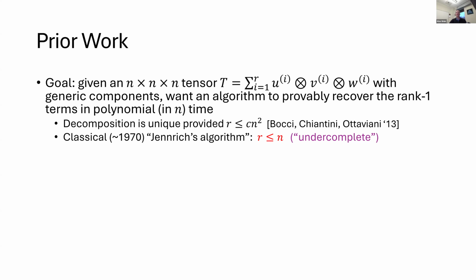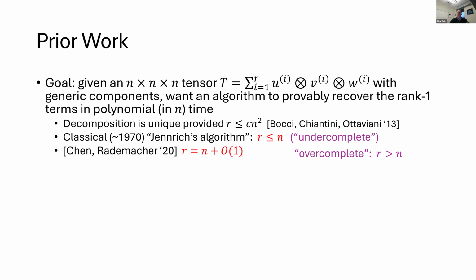When it comes to algorithms, there's this very classical method that's called either simultaneous diagonalization or sometimes Jennrich's algorithm that works when the rank is less than the dimension. So that's what we call the undercomplete case. Whereas overcomplete will be when R is bigger than n.